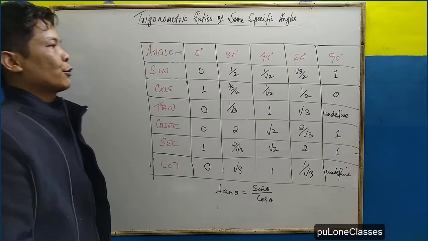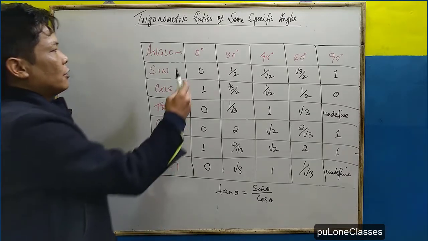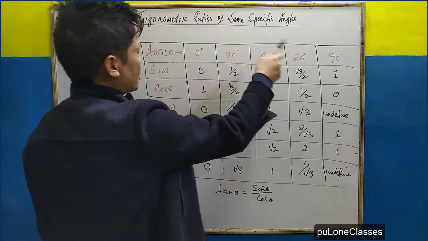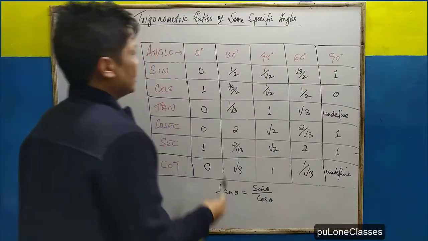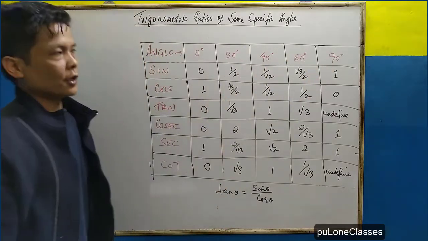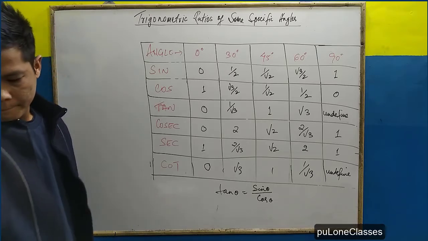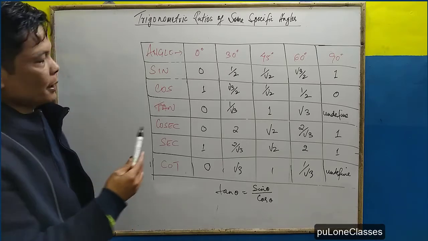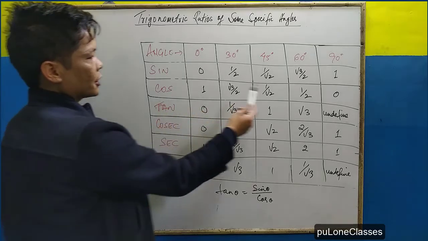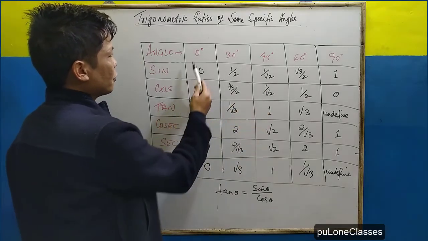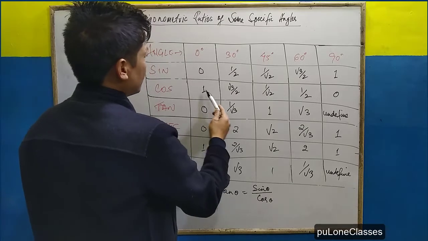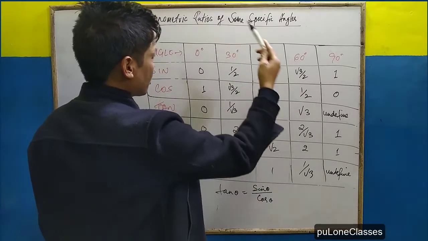So from the table we can notice that as the value of the angle increases from 0 to 90, the value of sine also increases. But the value of cos decreases. We can see that the value of cos from 0 to 90 degrees decreases as we increase the angle.